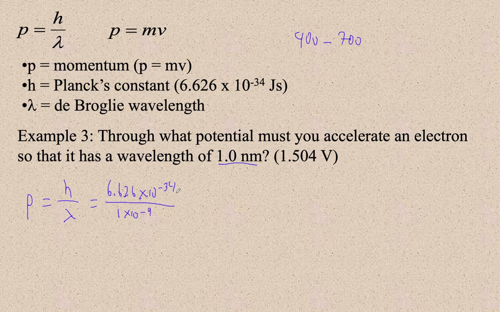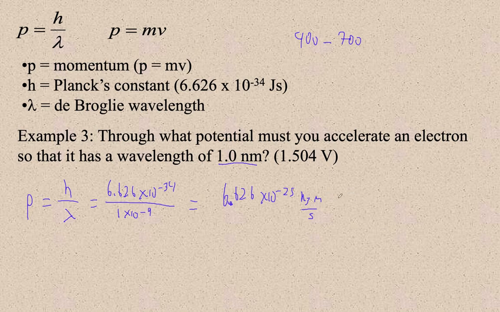Is that going to be, what do I think it's going to be? Oh, 25th. There we go. I went the wrong way. See, it's a good thing I checked, right? So that is 6.626 times 10 to the minus 25th kilogram meters per second, right?